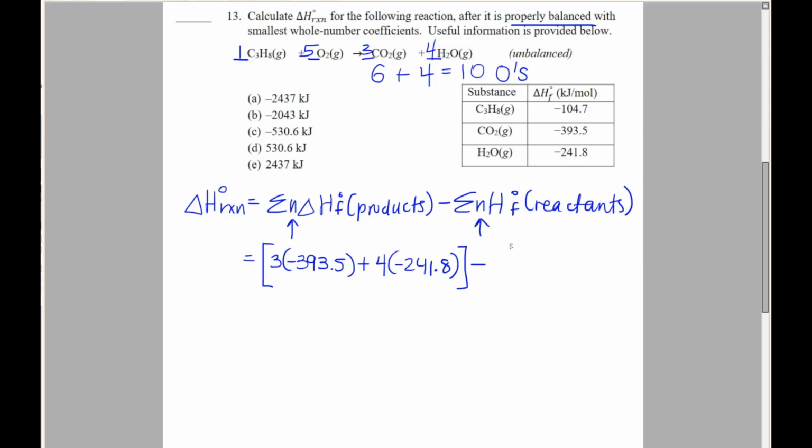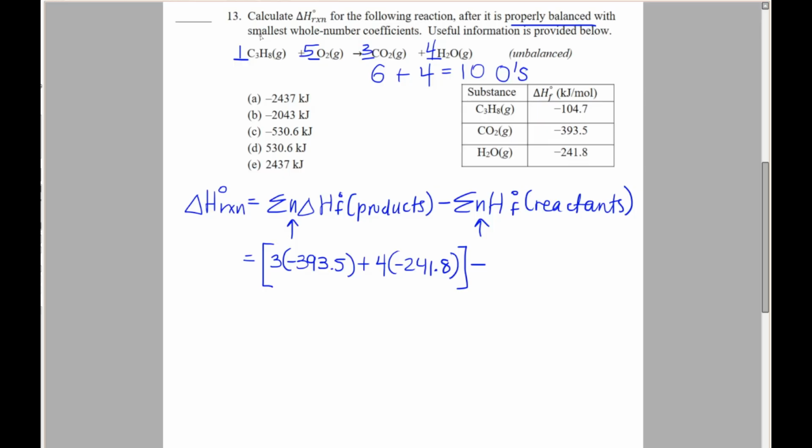Then we just subtract the same thing, but for the reactants. In this case, you might notice that the delta H formation for O2 is not given to us, and that's fine because this is a combustion reaction. The O2 isn't going to affect anything because O2 is in excess, since we're just reacting one type of molecule, in this case C3H8, with a bunch of O2.